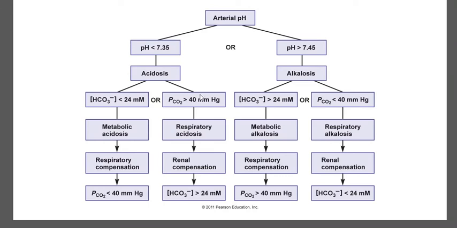So if partial pressure of carbon dioxide is low or normal in an acidic state, then the cause of the acidosis is not respiratory, it is metabolic. You check the bicarbonate concentration, it will be less than normal. When you have a metabolic acidosis, there's going to be a respiratory compensation.